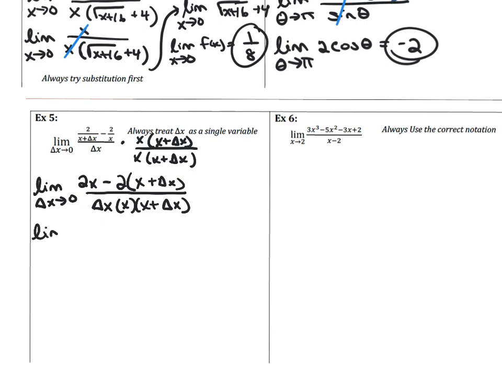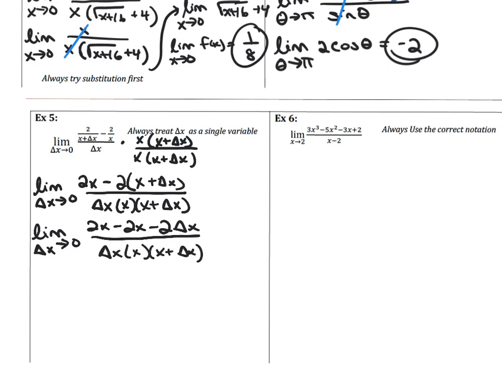Now we'll go ahead and clean up our numerator. So it's the limit as delta x approaches 0, 2x minus 2x minus 2 delta x over delta x times x plus delta x. We can see that the 2x's cross out, and we're left with a limit as delta x approaches 0 of -2 delta x in the numerator.